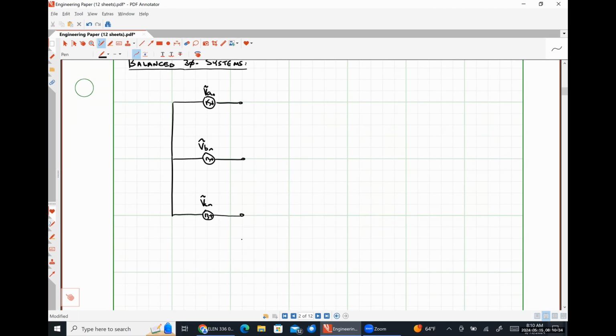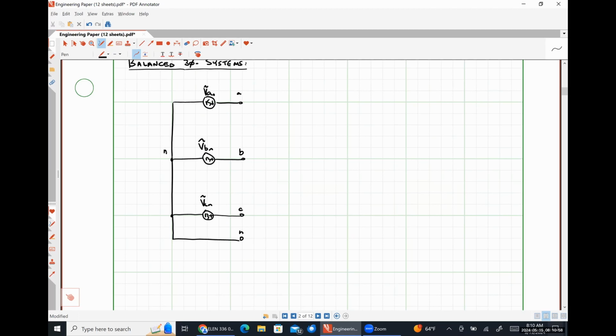And then I am going to explicitly include a neutral connection here. So this will be terminal A, B, C, and N. And just for the sake of argument, I'm also going to label this left-hand node N as well.